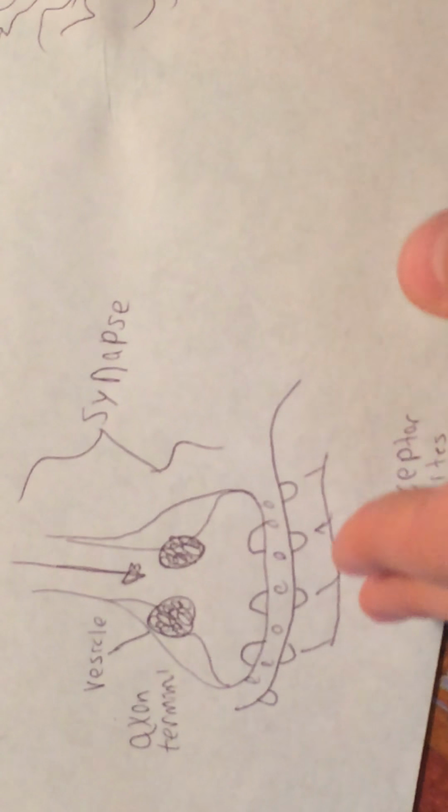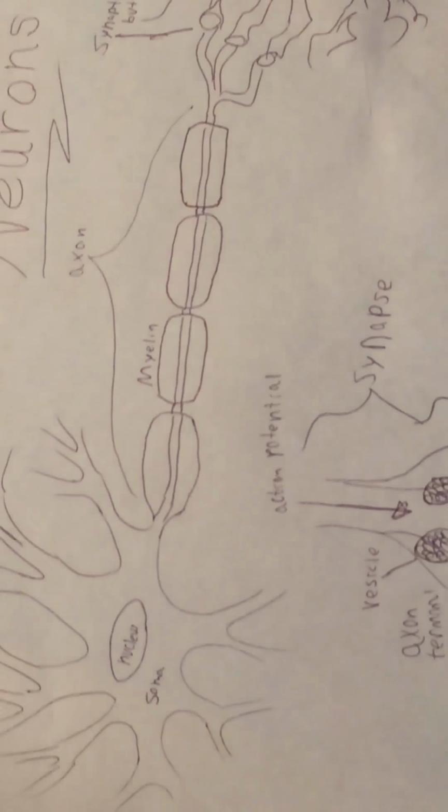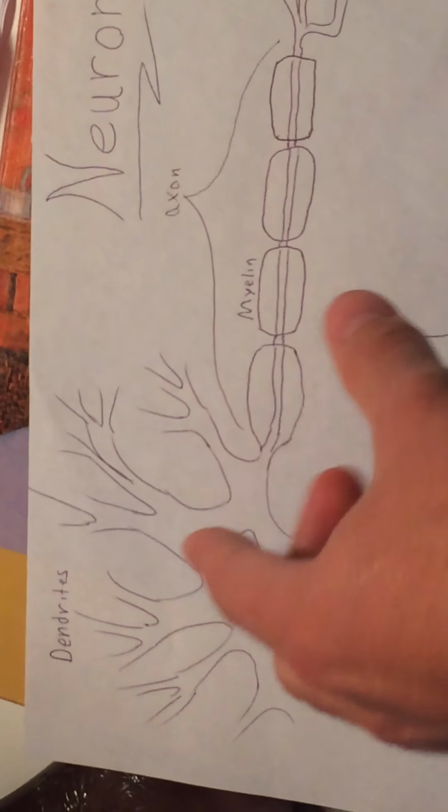And the ions, whether or not they pass through or not, will determine what the receiving neuron interprets as an excitatory or inhibitory signal. So it's all just a lot of chain reactions here. And it almost depends on what one neuron gets sent from the others. It really is an amazing thing.